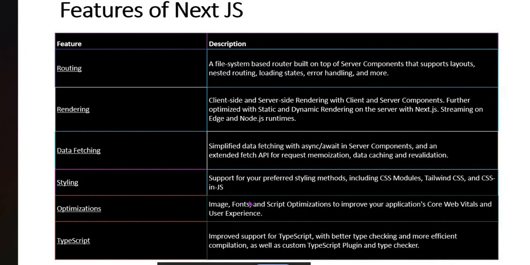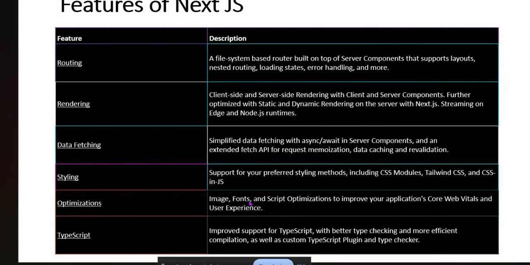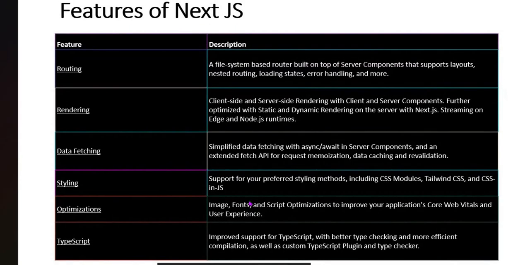And for optimization, with the help of Next.js, image, font, and script optimization are improved in our applications. We can improve core web vitals and enhance the user experience. And Next.js supports TypeScript. TypeScript is the same as JavaScript.